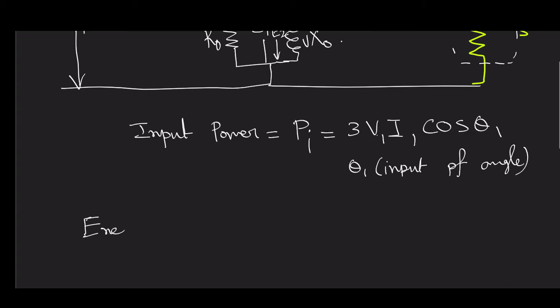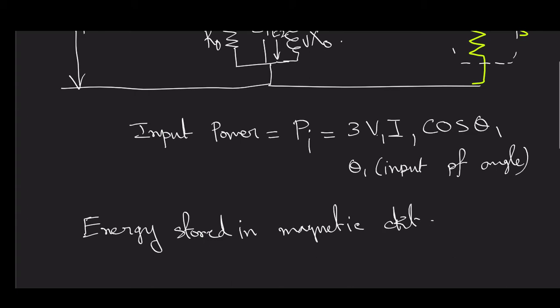Now first, what is the drop you should subtract? The energy stored in the magnetic circuit, the magnetic reservoir, that is how much? Pi minus 3 I1 square R1. This is the amount, meaning this is our stator copper loss. So this much power is going to the core.